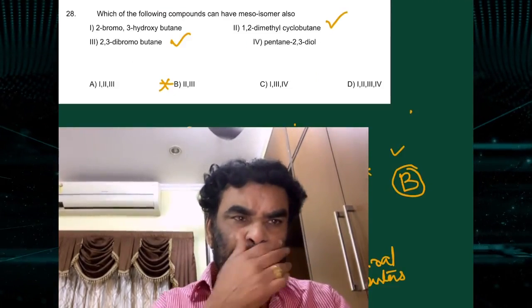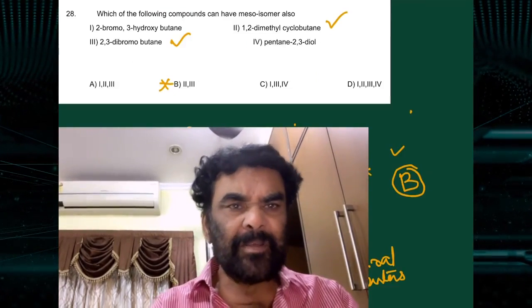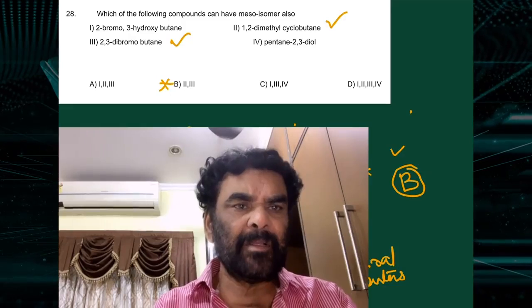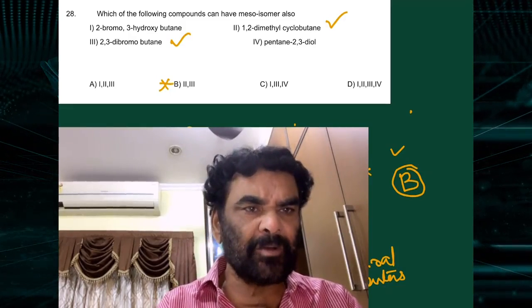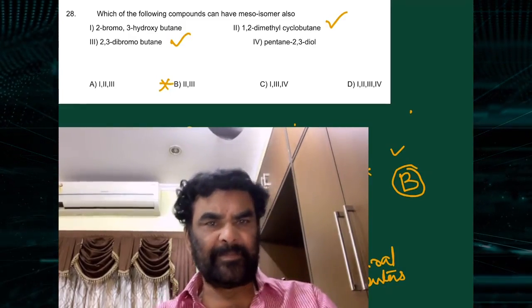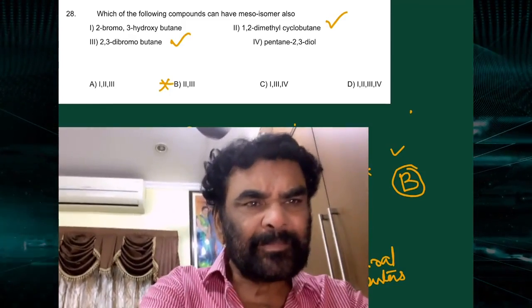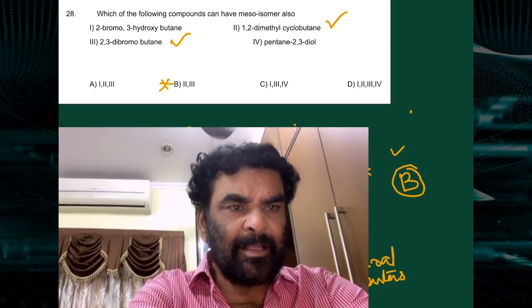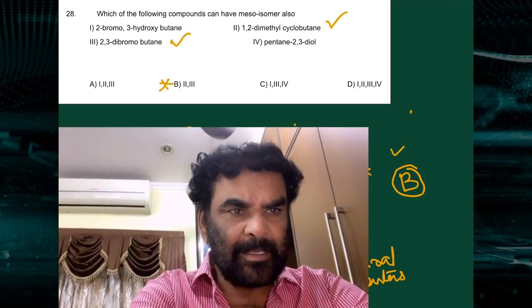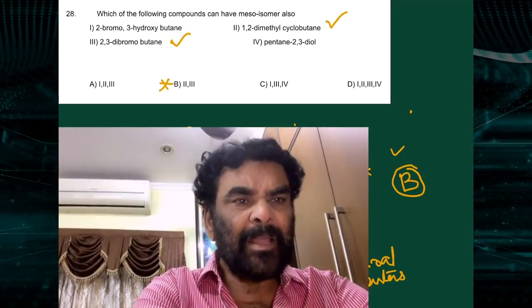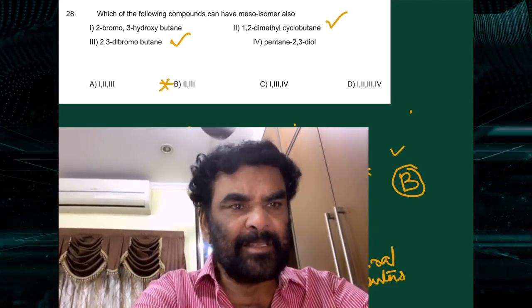Now, of the following compounds, which can have a meso isomer also? To show a meso isomer, it should contain two or more chiral centers, and a plane of symmetry or center of symmetry is required.